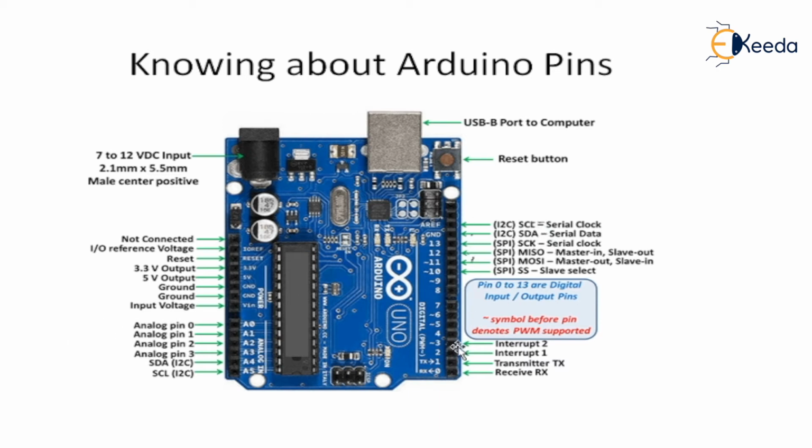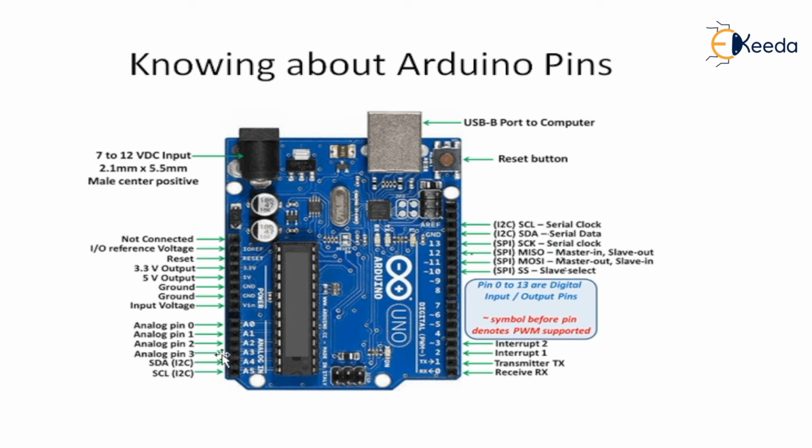on the right hand side of this board, but the analog pins of the board are available on the left hand side. You can see the group of 6 pins as displayed over here, which is analog pin 0, that is A0, analog pin 1, that is A1, analog pin 2, that is A2, analog pin 3, that is A3, as well as A4 and A5, that is analog pin 4 and analog pin 5.